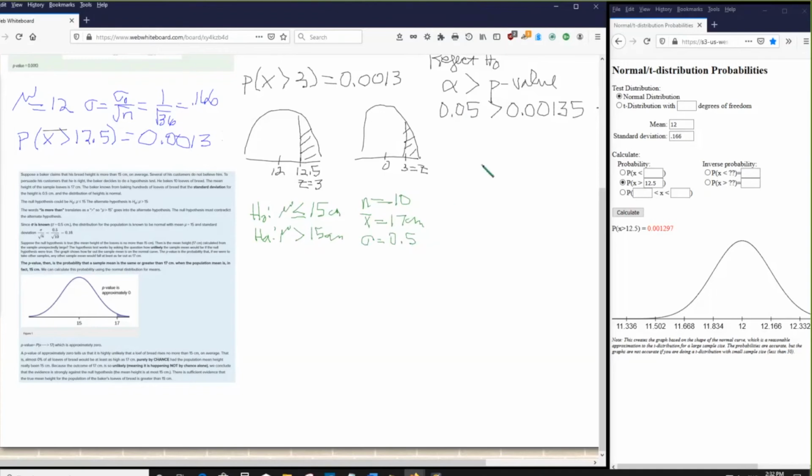So the standard error for our sample is the standard deviation divided by the square root of the sample size. That's 0.5 divided by the square root of 10, which equals 0.16.